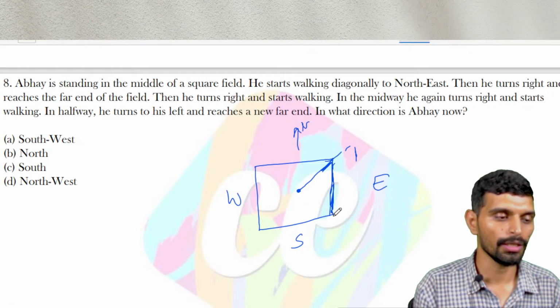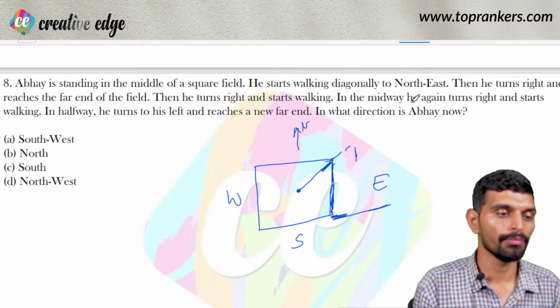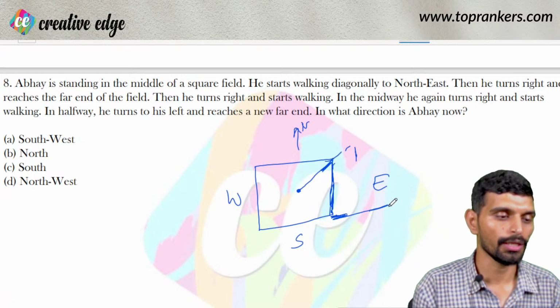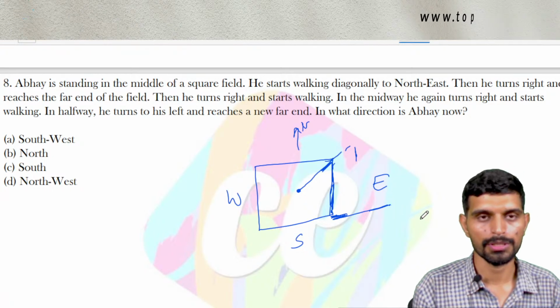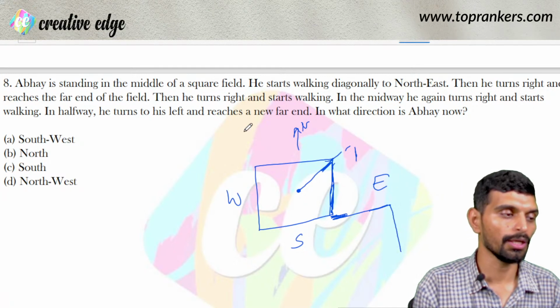If a person is going towards south and takes a right, he will move towards east. In the midway, he turns right and starts walking. Again he takes a right. A person moving towards east, taking a right, will go towards south.